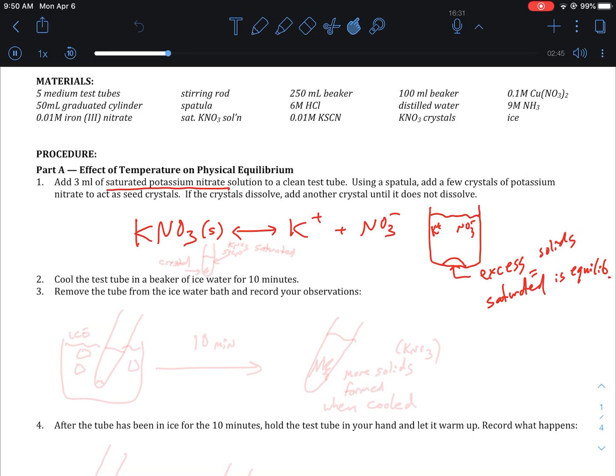So, what we did here in part 1 was that we took a tube, we put some of the saturated KNO3 solution in there, and we dropped a crystal, just one crystal, in here.